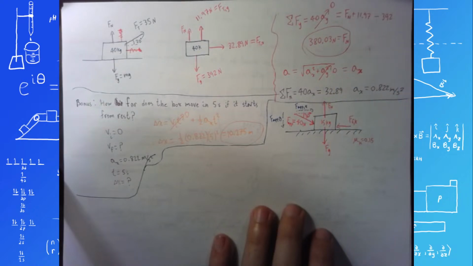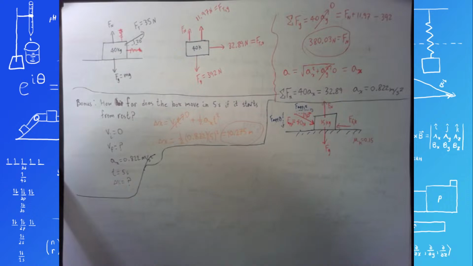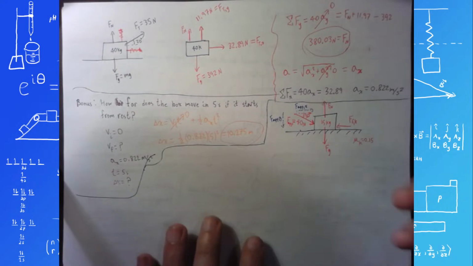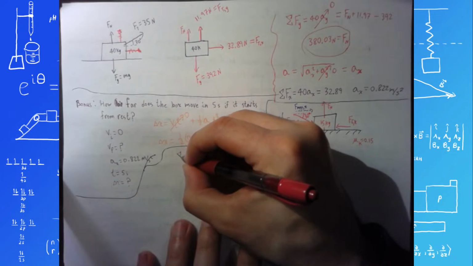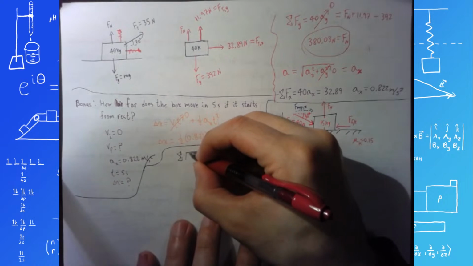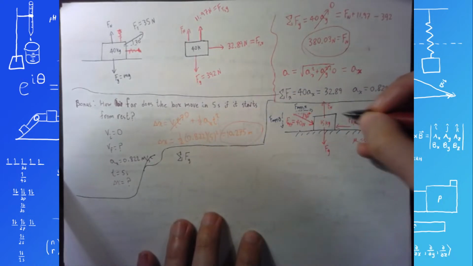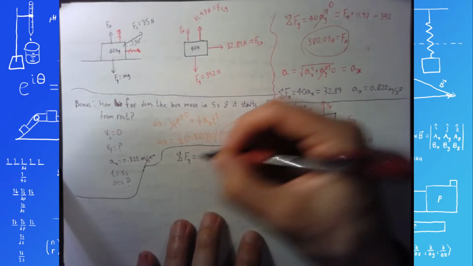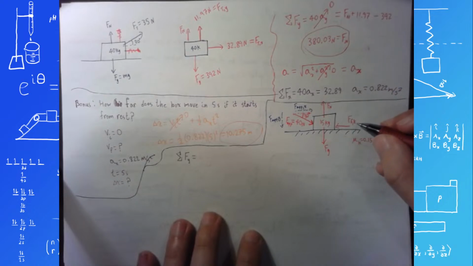And if I try to net my forces in the x and y directions, let's see what happens. So net forces, I think I want to do the y direction first because I need it to figure out the x's. I need to net my forces in the y to figure out what my normal force is, and I need to know my normal force to calculate what my friction force is.